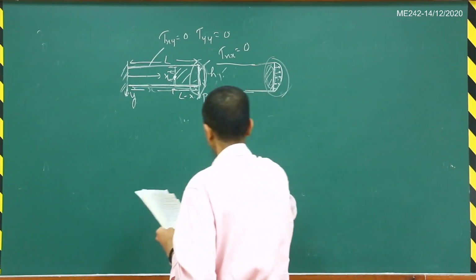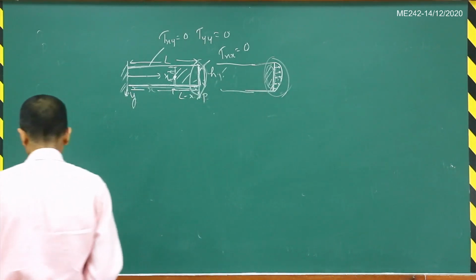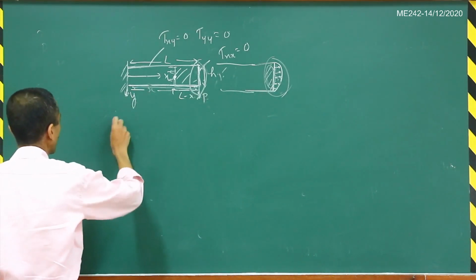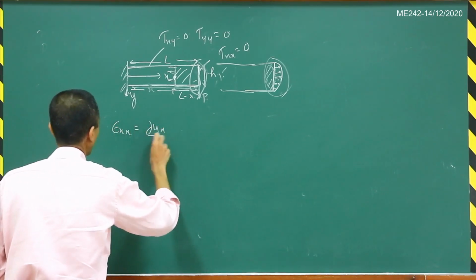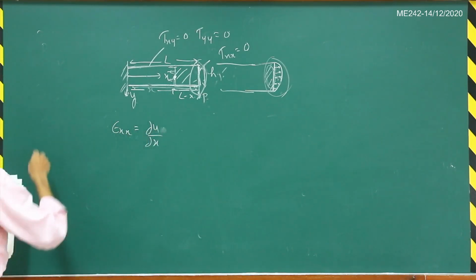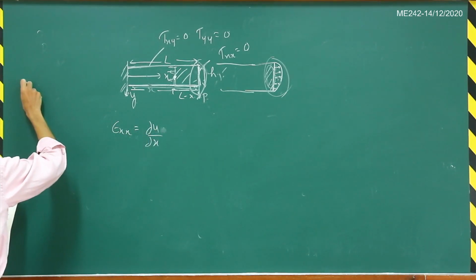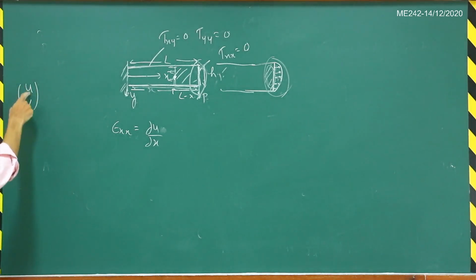As I said, this process is a bit laborious, so let me just write this whole thing down. Epsilon xx is equal to del u by del x, where u and v are the displacement components in the x and y directions.